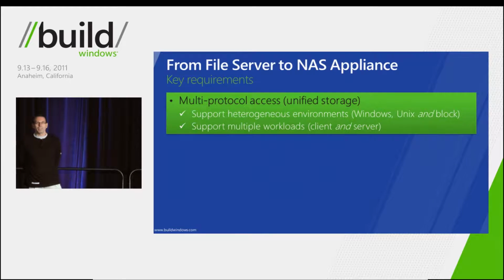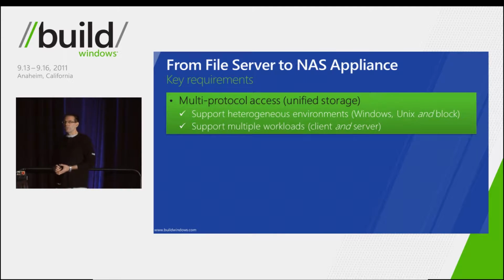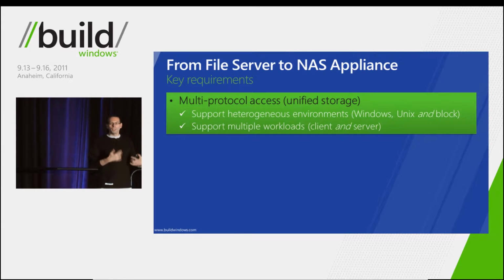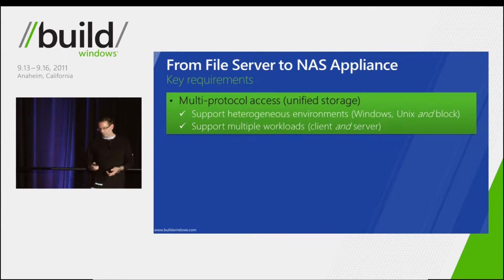Those have become the customer expectations, the minimum bar for NAS appliances. And it also applies across workloads, client workloads where you put a bunch of user folders and information worker documents, and, as we've introduced the capabilities of Windows Server 8, server application workloads.